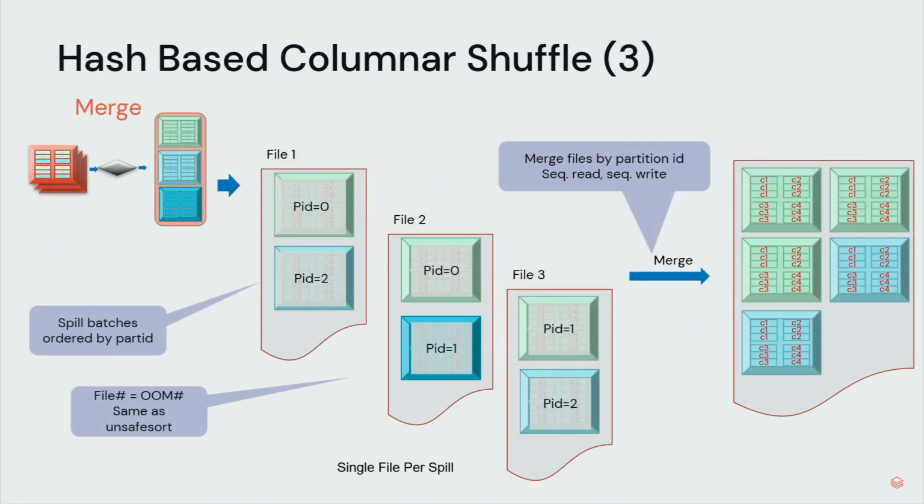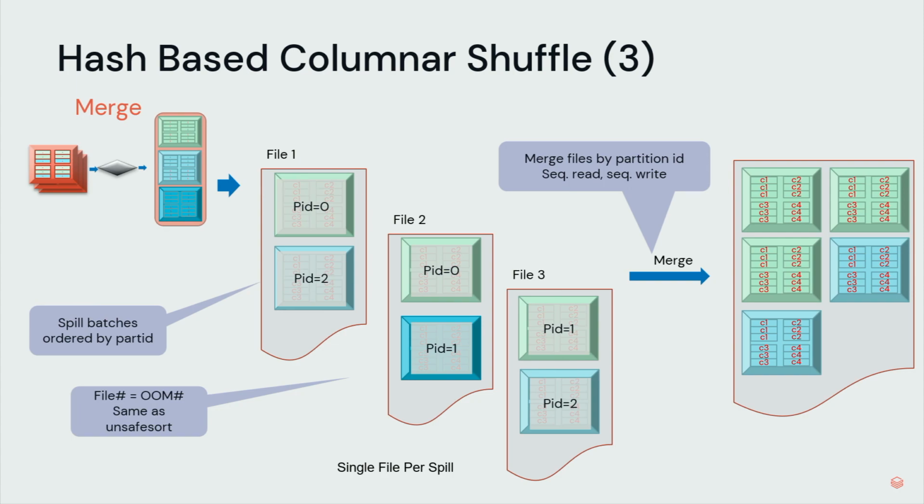When we save the data on out of memory, we save it sorted by partition ID, and we cache the offset position and the length. Each out of memory will have a single file. When we do the merge, we read all the files, put all the record batches of the same partition ID together, and then save them into the large file.